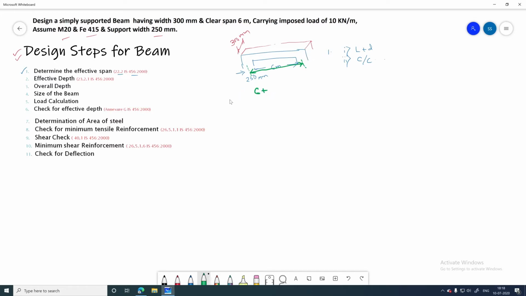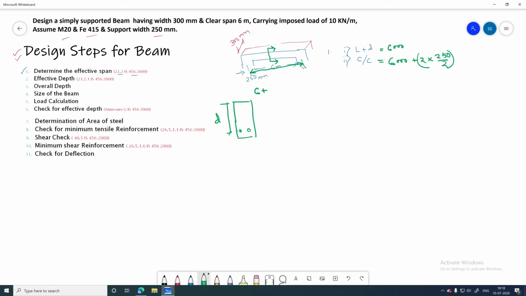the effective depth. Effective depth means if you make a section over here, you will get a diagram like this, right? And this one is D. Now initially we don't know the value of D, so we will consider only L. So the first one will be 6000, and the center to center distance will be 6000 plus 2 into 250 by 2.